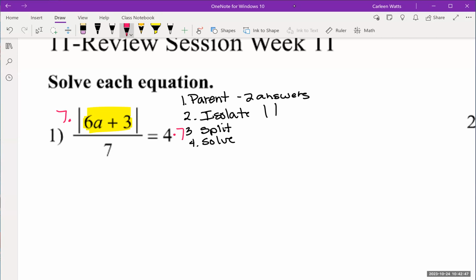We're going to do the same thing to the left as we do to the right, and it's going to stay balanced. 7 on top cancels with 7 on the bottom. So I have absolute value of 6a plus 3 is equal to how much? Correct. How much, Zoomers? Oh, careful. What's on the right-hand side?